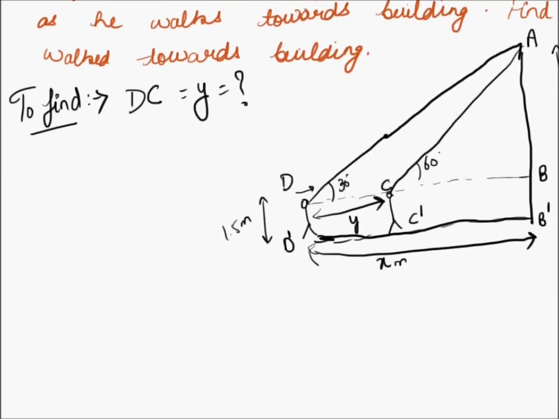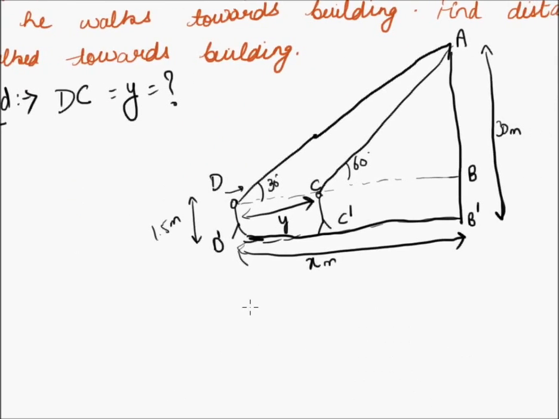Since the building is 30 meters tall, if we draw a line parallel to the ground from the eyes of the boy, this distance becomes 1.5 meter, the height of the boy.